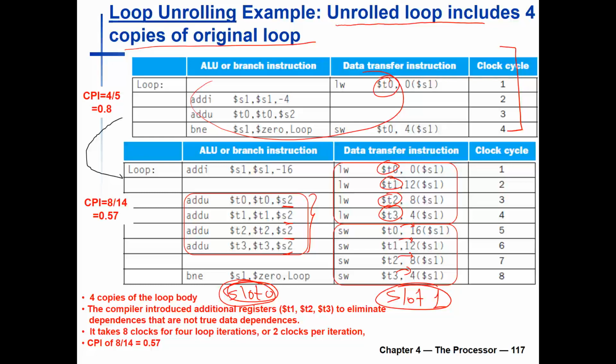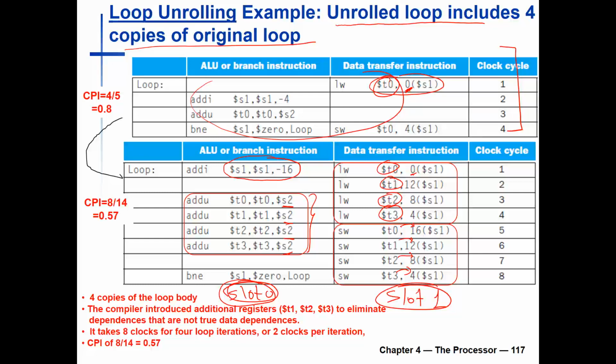Also notice that because we moved the update of S1 up there, I have to be careful with the indices. Why? Because see here, the very first copy of the loop uses 0 for the S1 index.